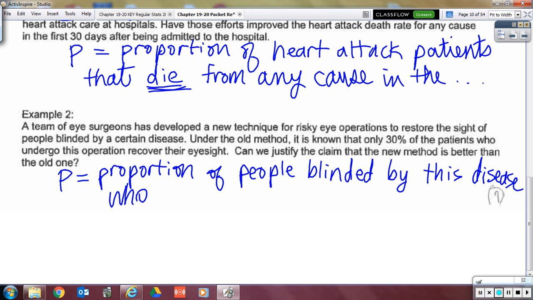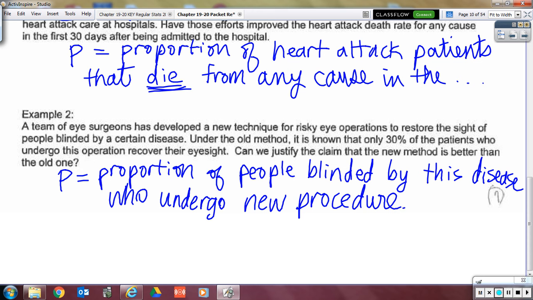Who, what are they going to do so we can see if it's better? Yeah, so who undergo the new operation, the new procedure. We'll just call it procedure or operation, whatever. Yeah, the new operation method. Okay, yes.